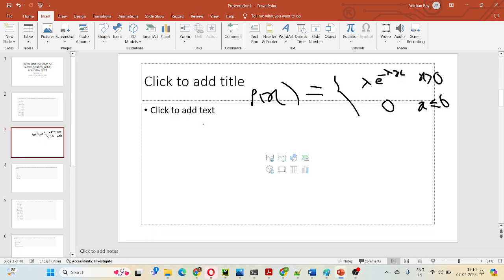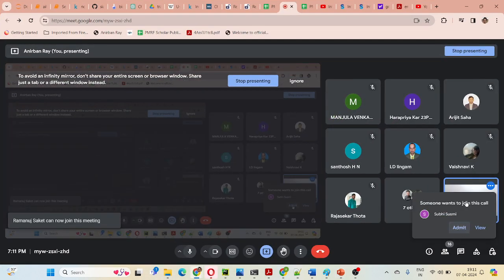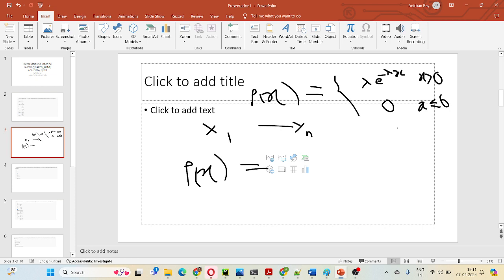Given x1 till xn, the PDF in our case can be written as follows.